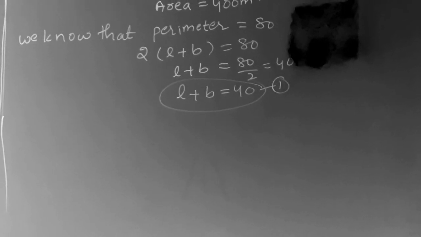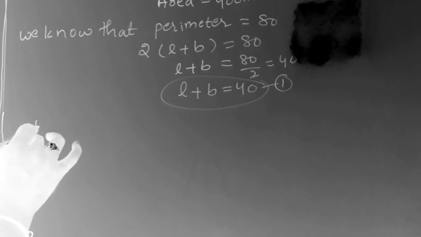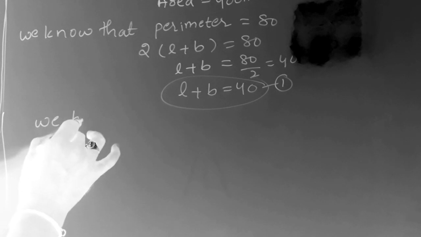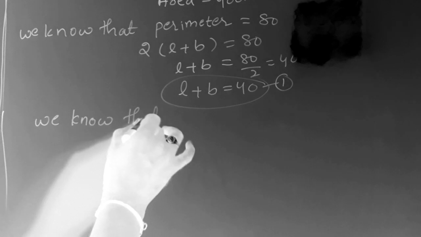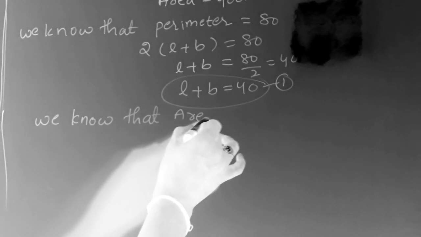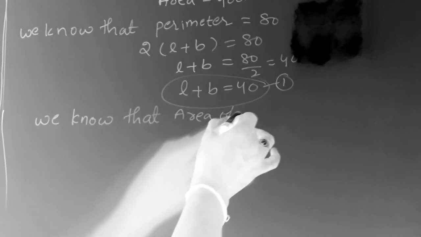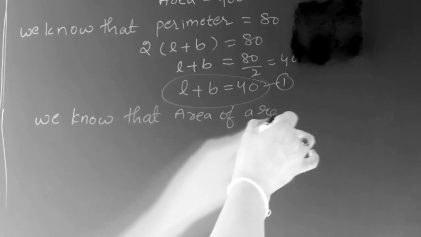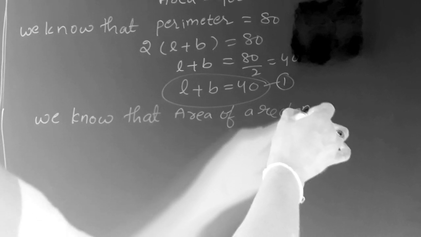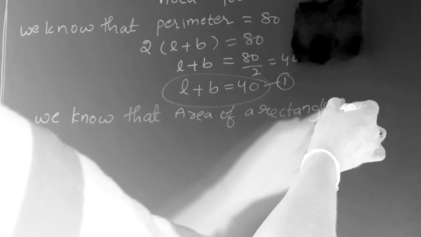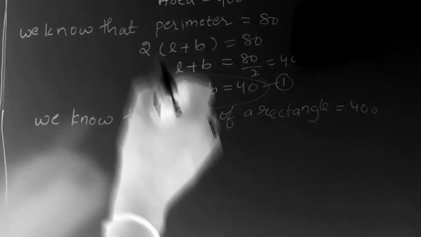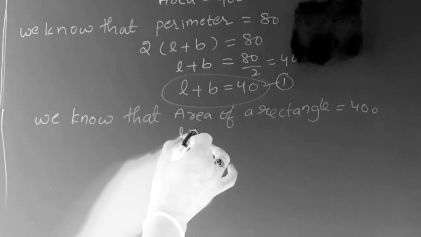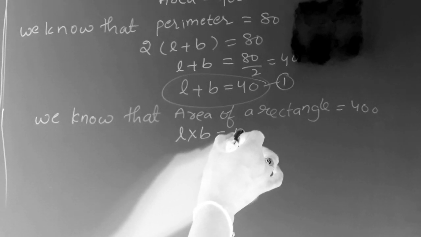We know that the area of a rectangle is equal to 400. That is nothing but length into breadth is equal to 400.